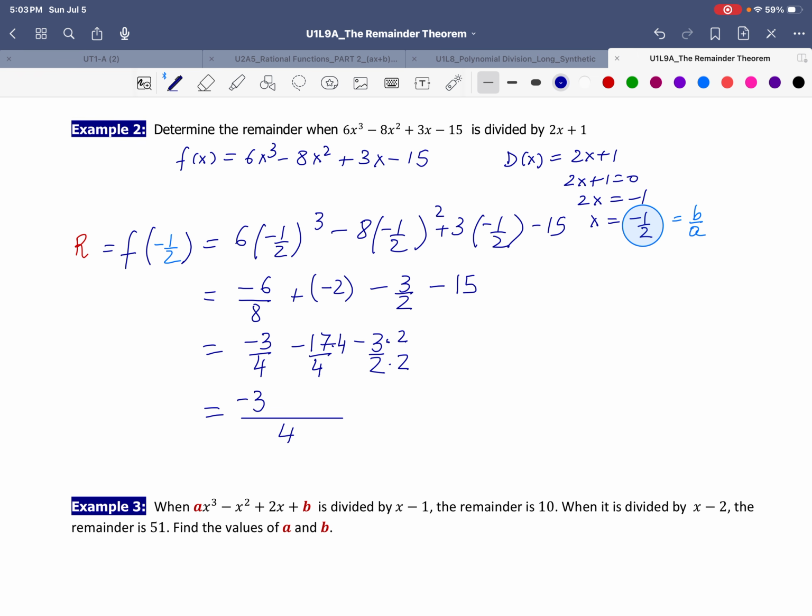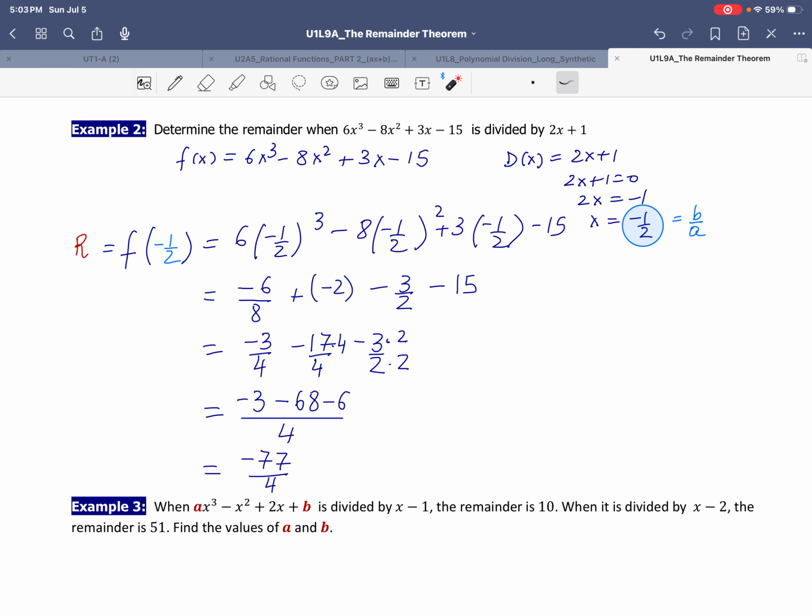Negative 17 times 4 is equal to a negative 68, and then minus 6. So we got a nice interesting number here. So negative 6 minus 3 minus 68. So that will make a negative 77, I think, over 4. Because that is a 9, so yeah.